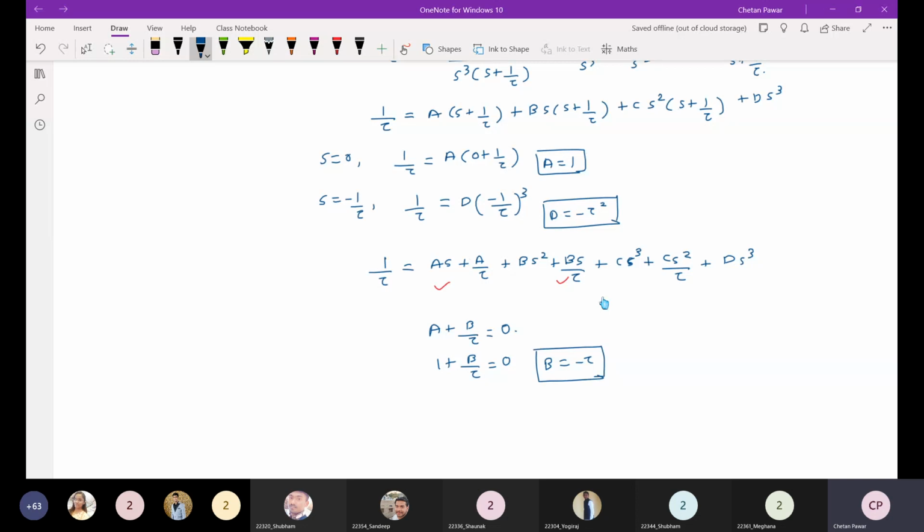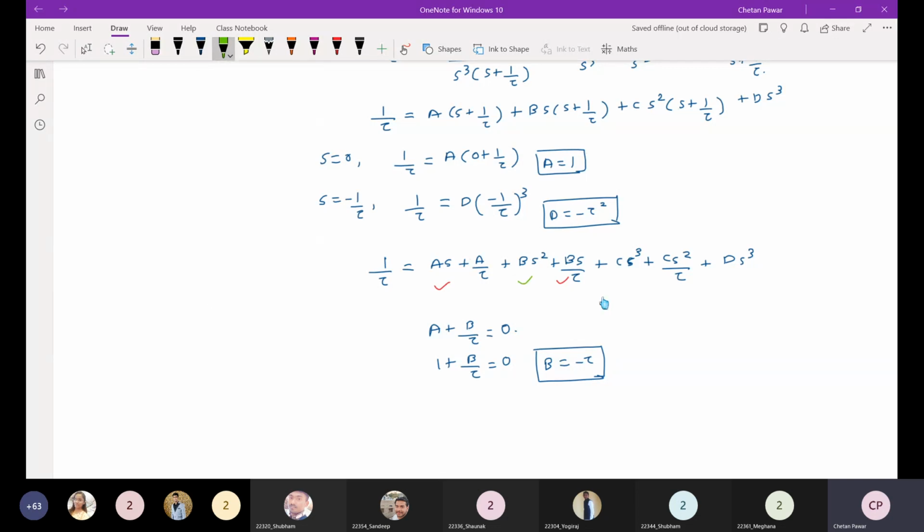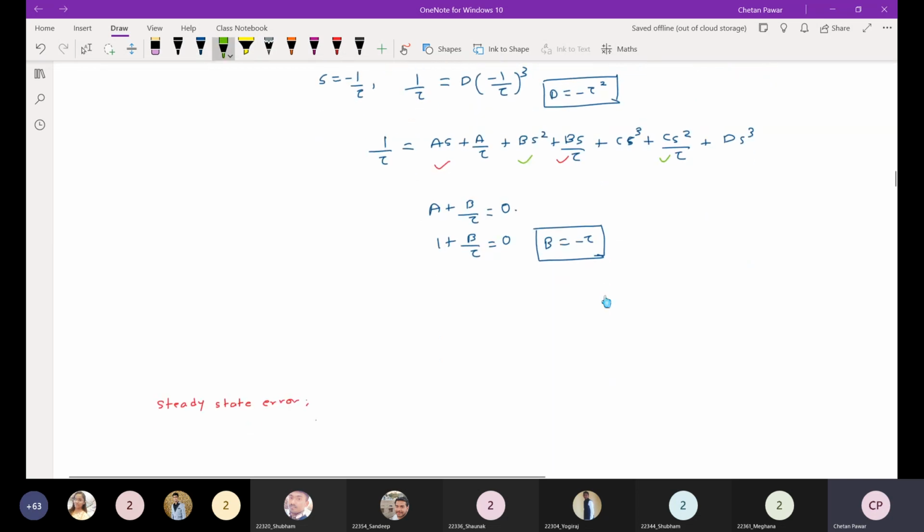Similarly, what remains? C remains, no? So if you see the second order term, that is also 0 only. So B plus C by tau will be equal to 0.